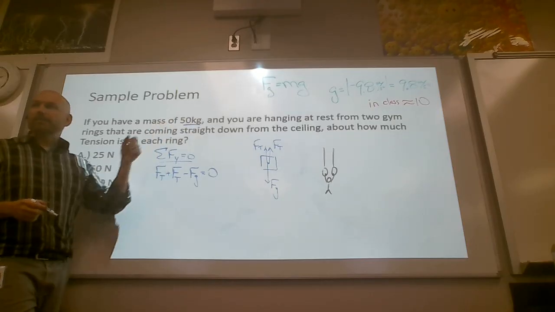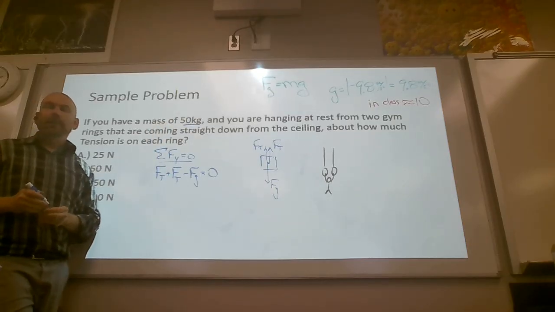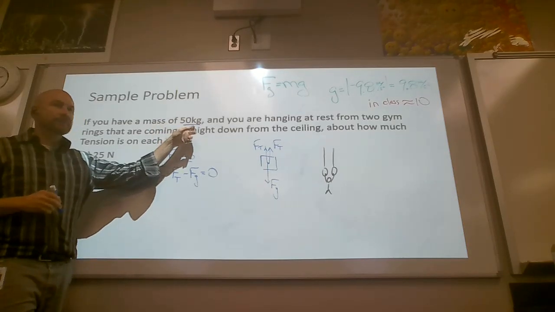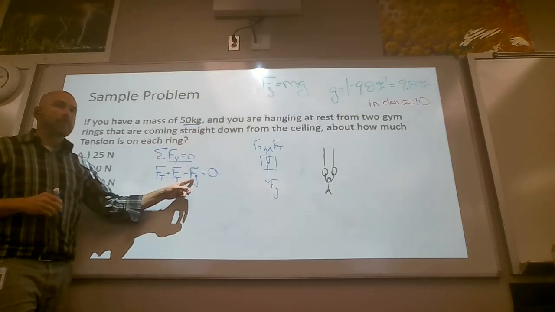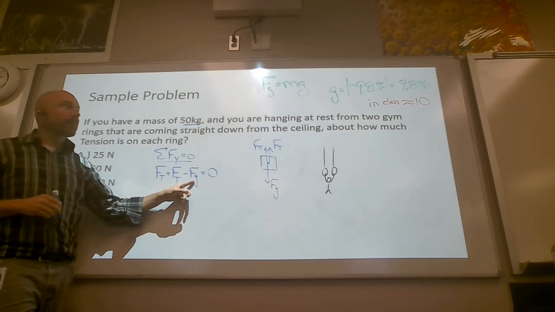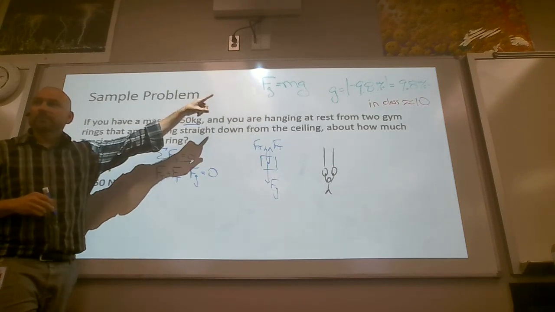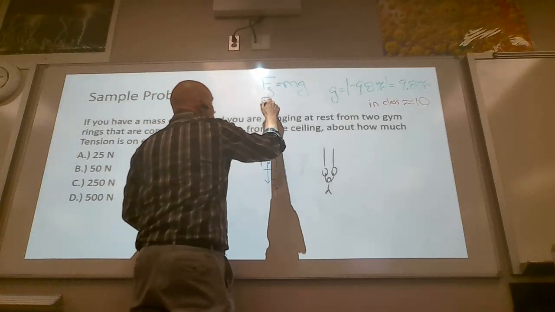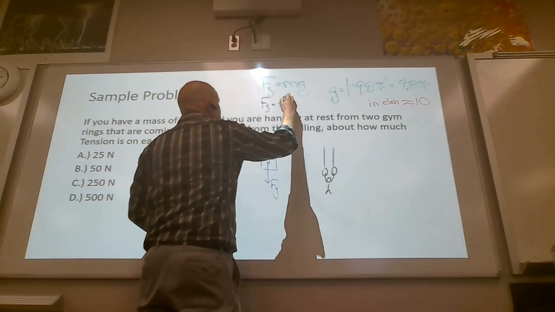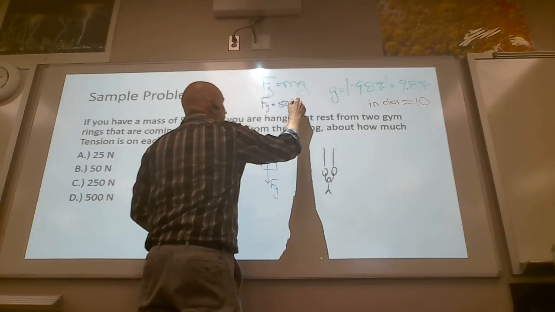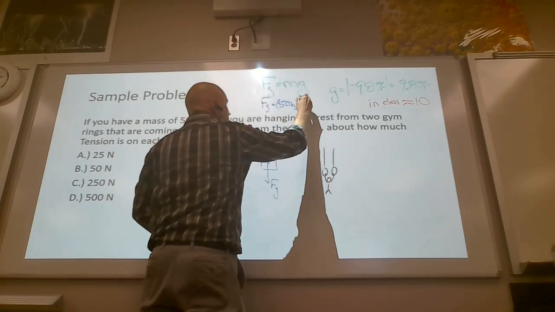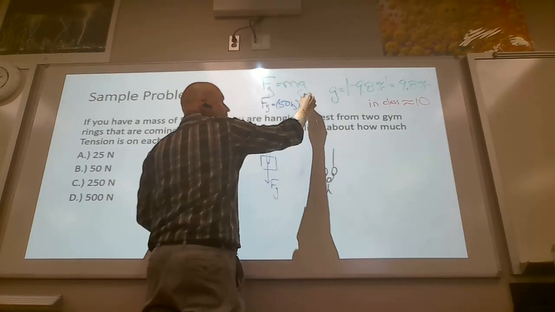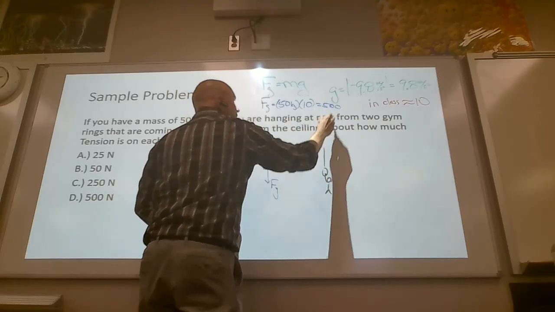This is mass. How do I convert between mass, kilograms, to newtons, force of gravity? So this is equal to 50 kilograms times, we're going to say 10, equals 500.